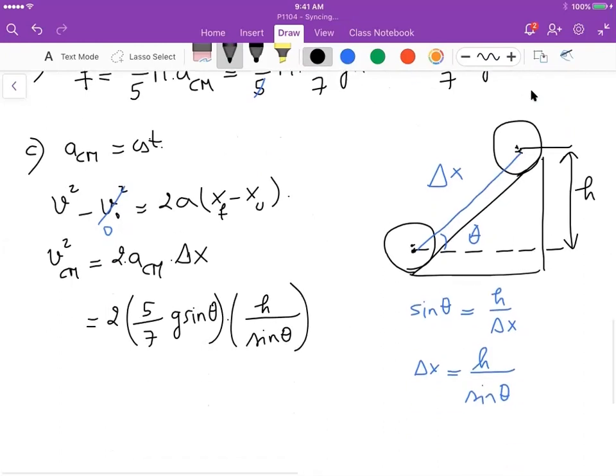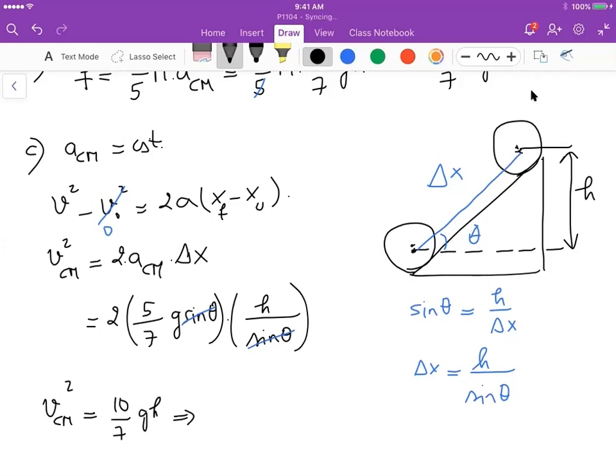Now since theta is different than 0 and also different than pi, it is an angle between zero and pi, so sine theta is different than zero and it cancels out between the numerator and the denominator. So we get that v_CM squared is equal to 10 over 7 times g times h.